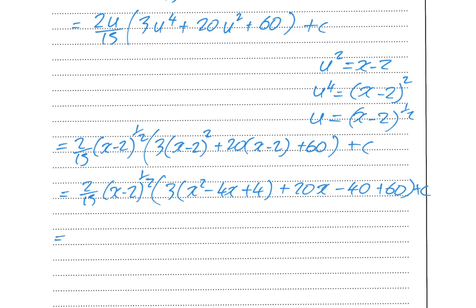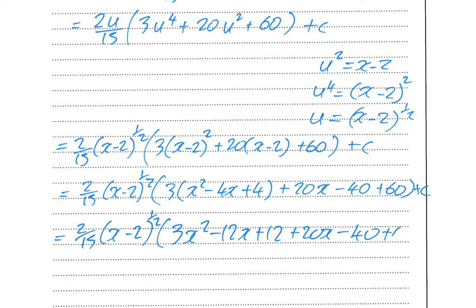And again, a bit of tidying up and showing all my steps here, just to minimize my mistakes, because I make plenty. We have 3x squared minus 12x plus 12 plus 20x minus 40 plus 60. I'll just write it out the long way. And then plus your constant of integration.